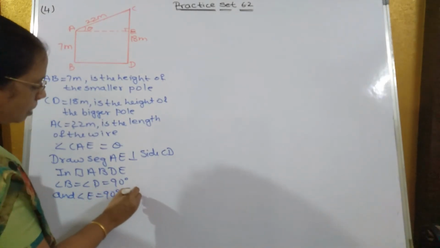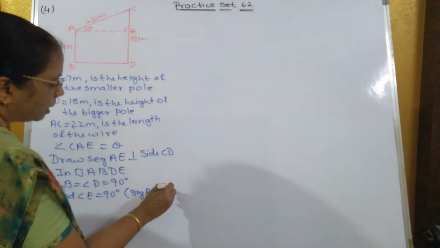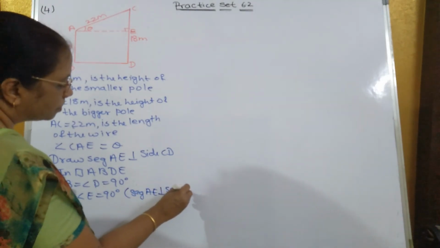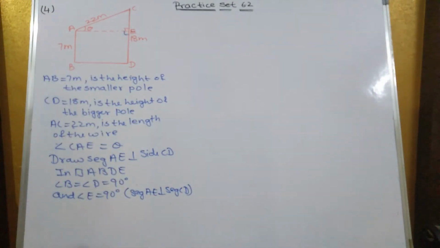Why? Seg AE is perpendicular to seg CD. We had drawn. So this angle is 90 degree. So therefore angle A is also equal to 90 degree.